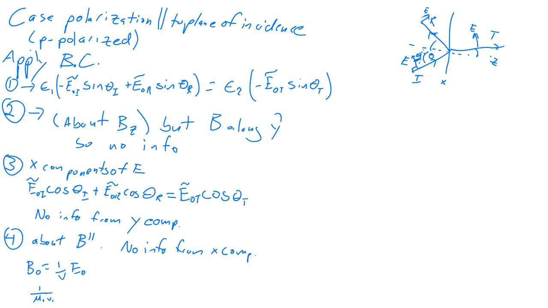So we got that, and here's an E naught incident tilde. And then we have the same prefactor of 1 over mu1 and 1 over V1, so I'm just going to factor that out. And we'll have the E naught reflected. Notice that our B's are pointing the same direction, but we had a minus sign between them, and so we got these.